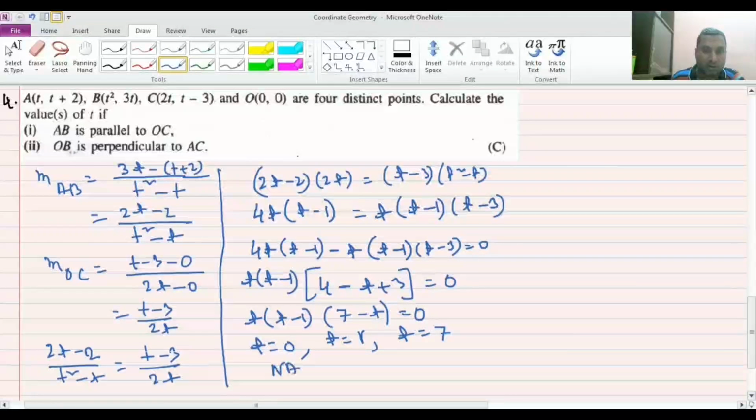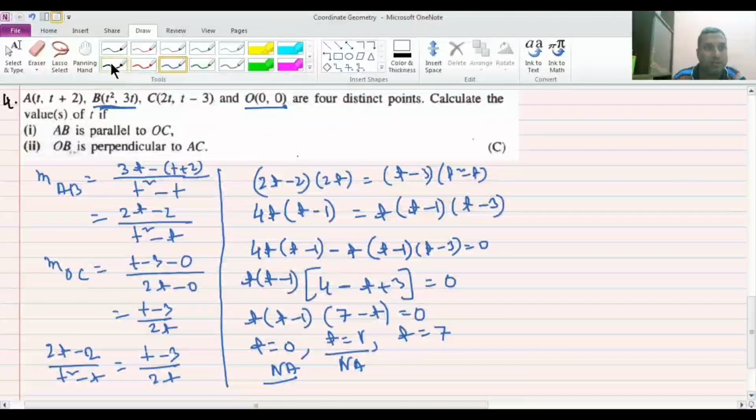Now see, all the values are not accepted. t = 0 is not acceptable. Why? If you put 0 in B, it will be the same as O, so there will be no distinct point. And t = 1 is also not acceptable, because if you put t = 1, it will be (1, 3), and this is also (1, 3).